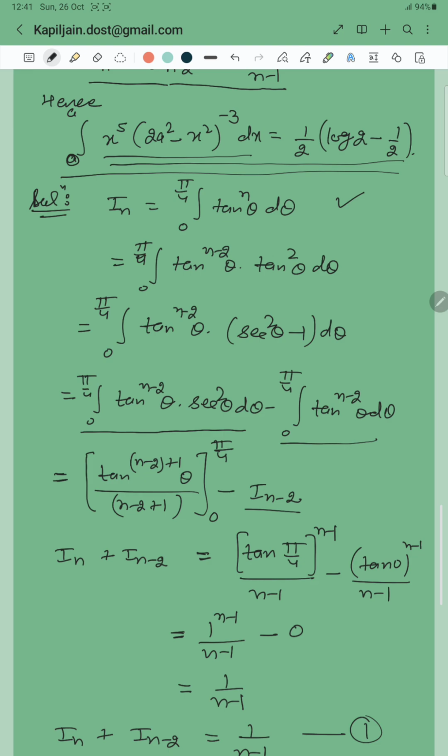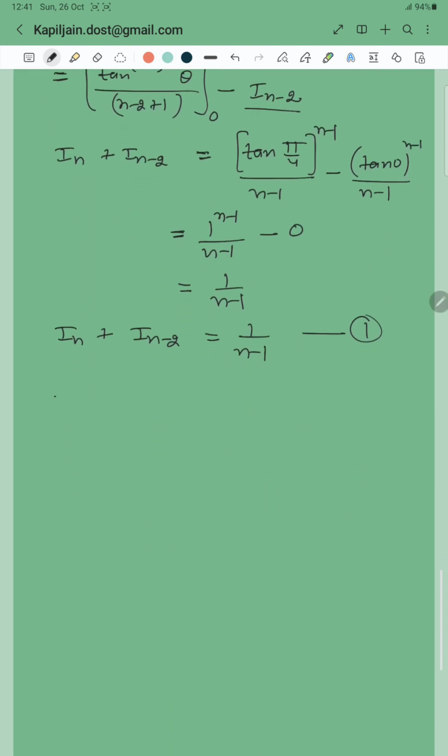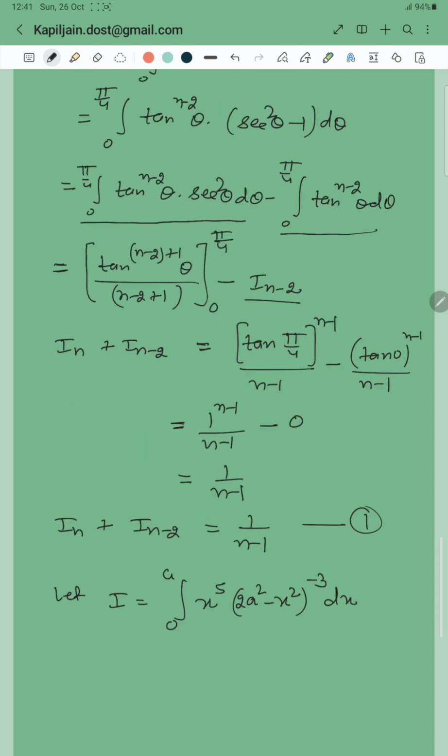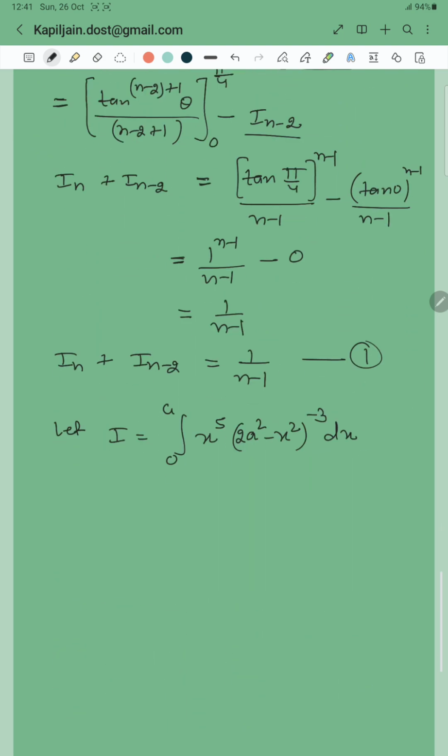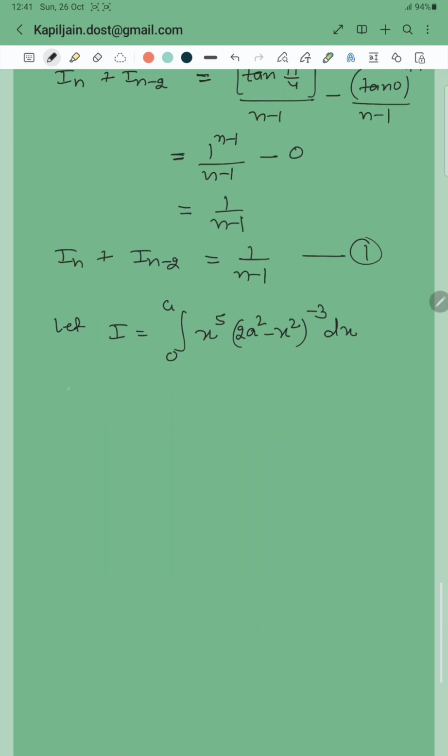So let's say I is equal to our integral from 0 to a of x raised to power 5 into (2a square minus x square) raised to power minus 3 dx. First of all we simplify this integral by substituting, put x is equal to root 2a sine theta.